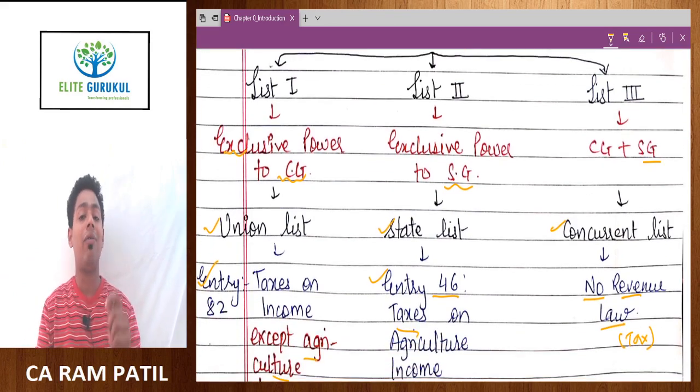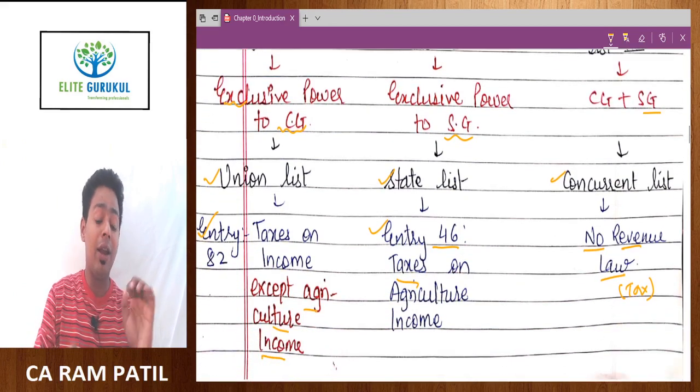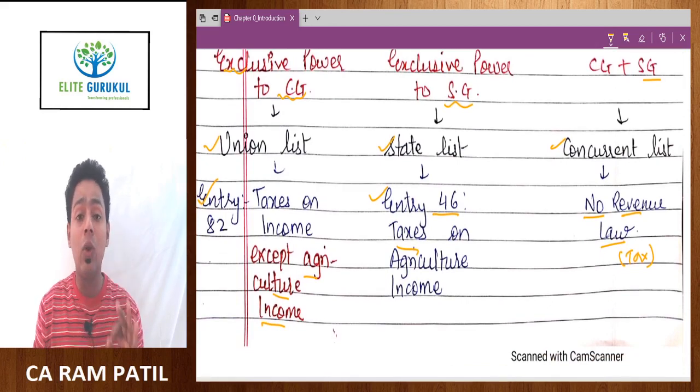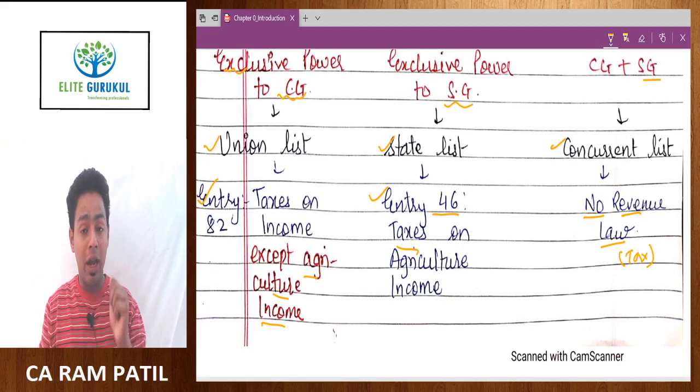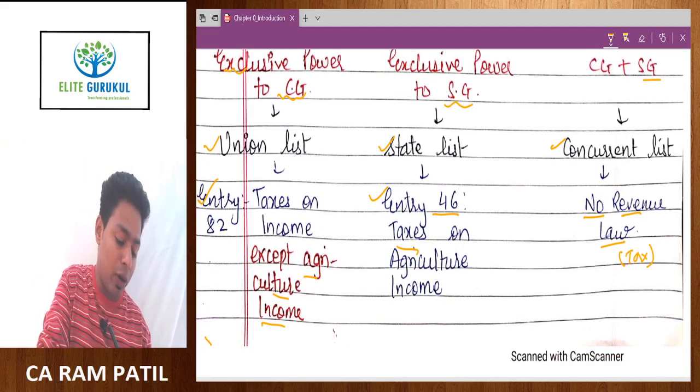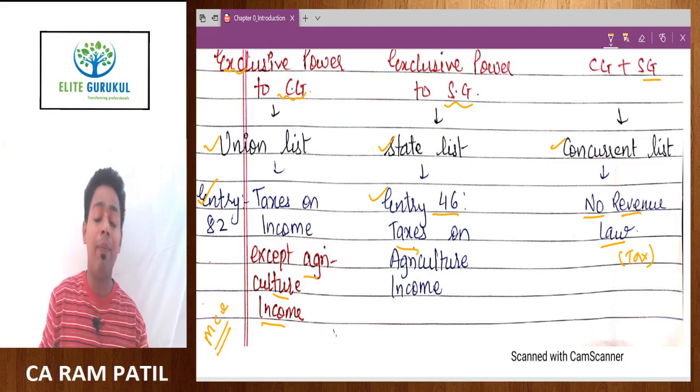In the union list, we have entry number 82. Entry number 82 gives exclusive power to the central government to enact law to tax all incomes except agriculture income. I will repeat my sentence because this is important for multiple choice questions.